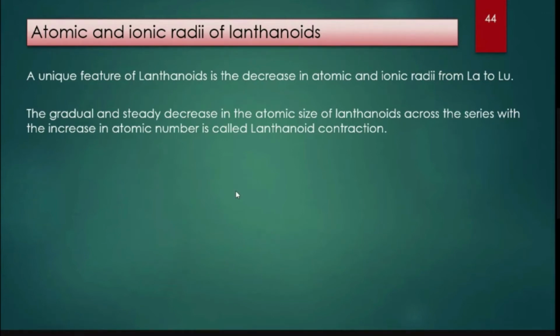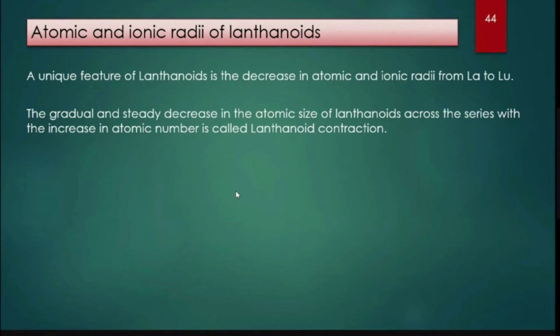So this gradual and steady decrease in the atomic size of lanthanides across the series with the increase in atomic number is called lanthanide contraction. Earlier we discussed this lanthanide contraction when we discussed the d block elements, where the second and third transition series elements are found to have similar atomic and ionic radii, which is due to lanthanide contraction.